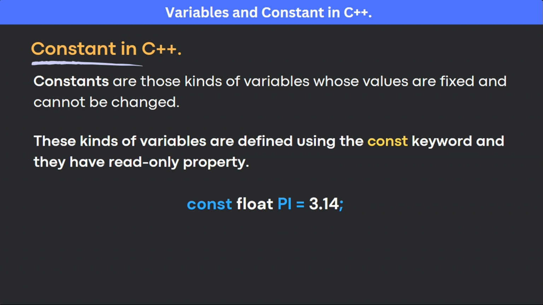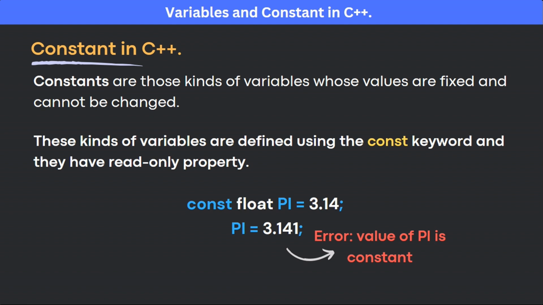You cannot update the value of pi during execution. If you try to update the value, it will give you an error because the value of pi is constant and we cannot change it. So I hope you understand the basic difference between a variable and a constant. Basically, in a variable the value can vary, whereas in a constant the value cannot vary.